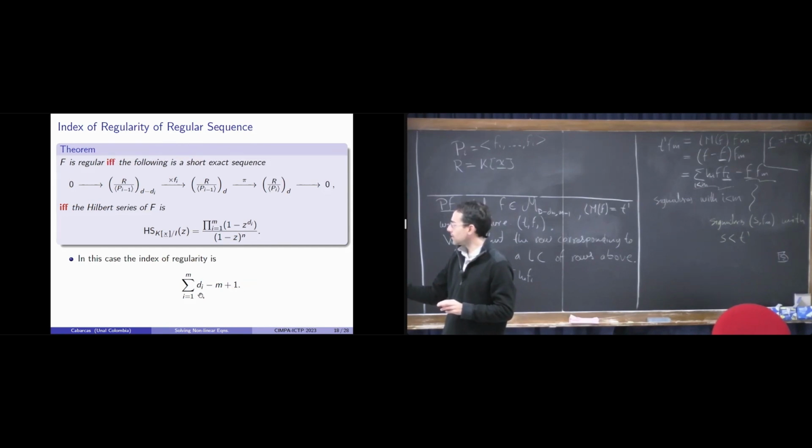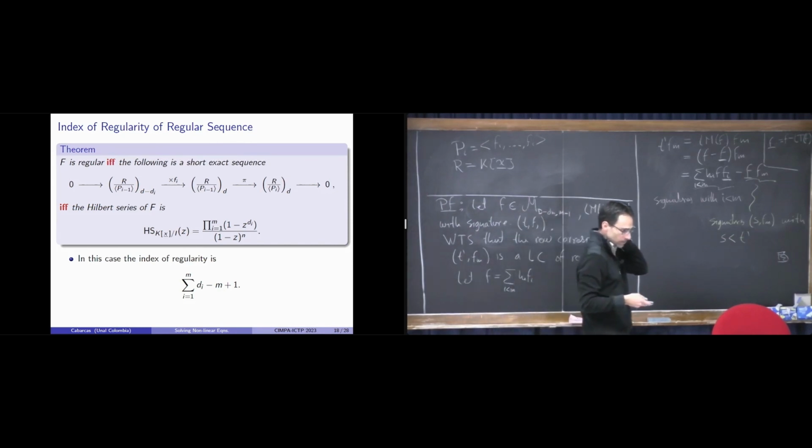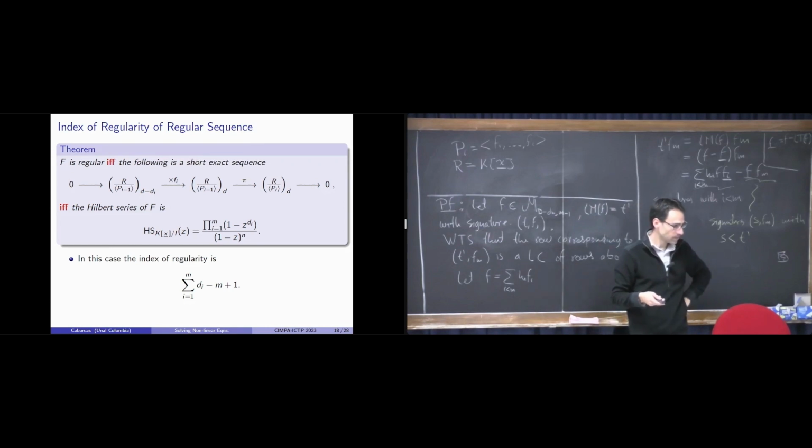Here, the di's are the degrees of the polynomials, so the degree of Fi is di. We know the index of regularity.